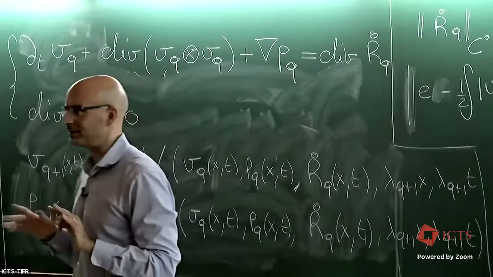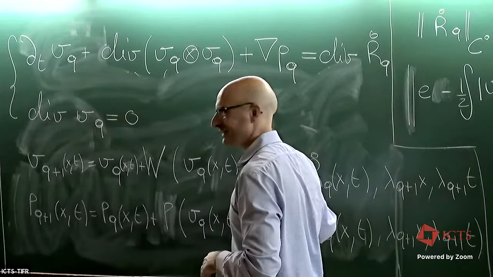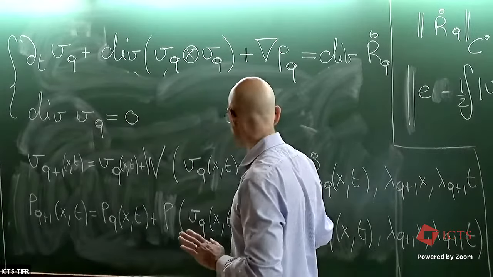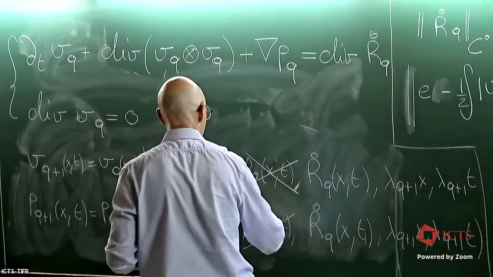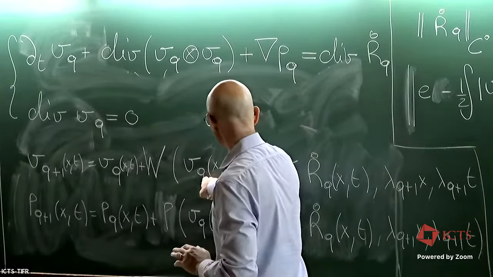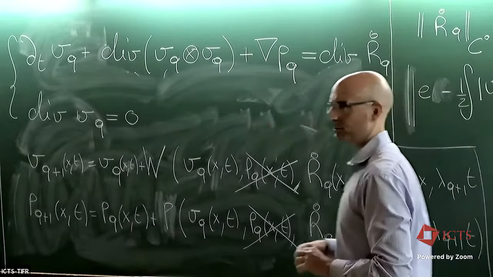We will actually learn it still depends only on 2 of the 3 variables, because this guy will actually not enter. It will play no role. But at the moment, at this level of generality, we are not yet going to discover this. So it will really depend on VQ, on this R circle Q, and then that will be the fast variables.